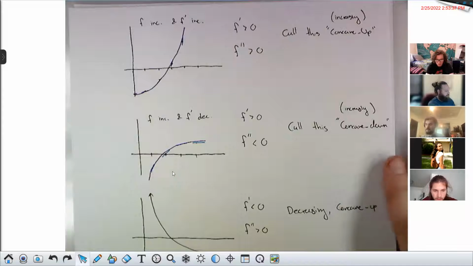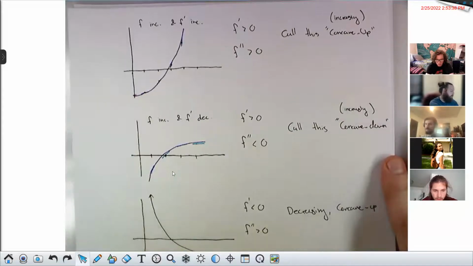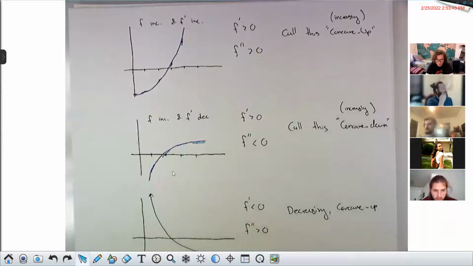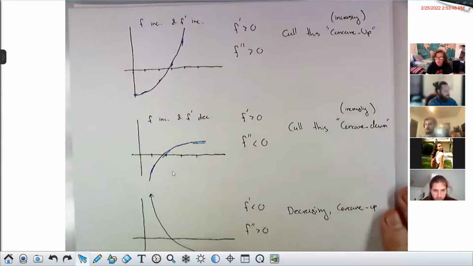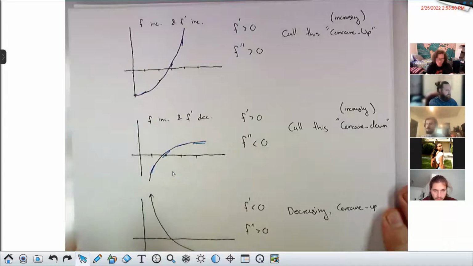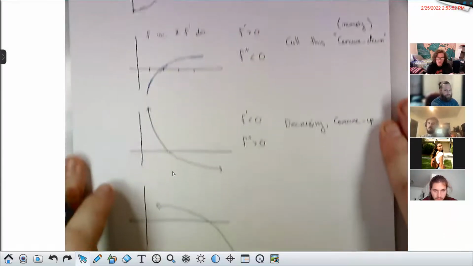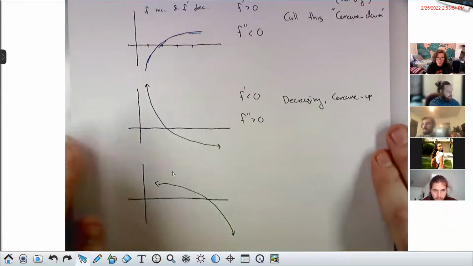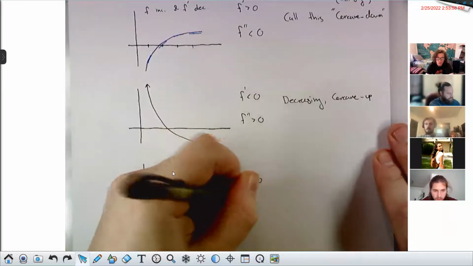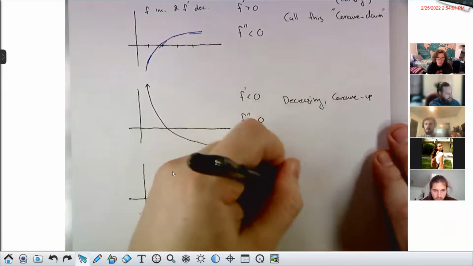Concave up, concave down. And then decreasing concave down. Think about it for a second. It would look like this. This means f prime is negative and f double prime is negative.